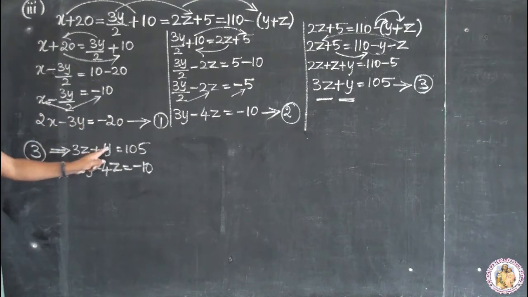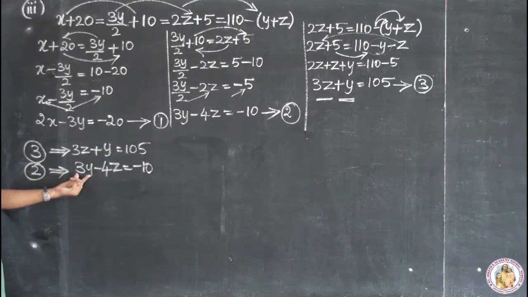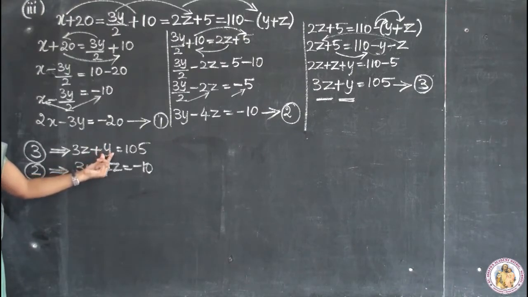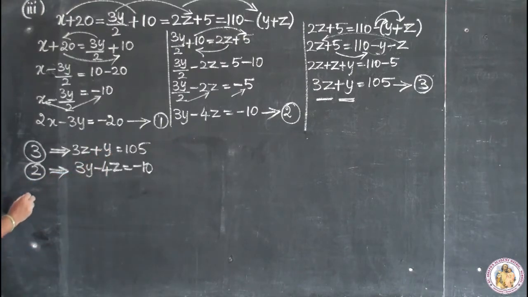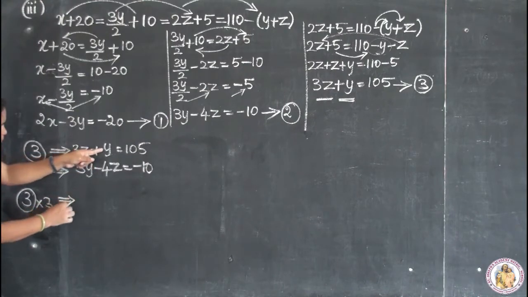We have only y in the third equation, and in the second equation we have 3y. It will be very easy for us to cancel variable y, so the third equation should be multiplied with 3, so that we can cancel y.